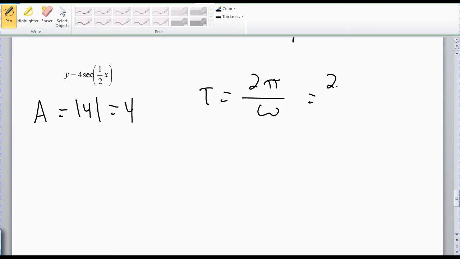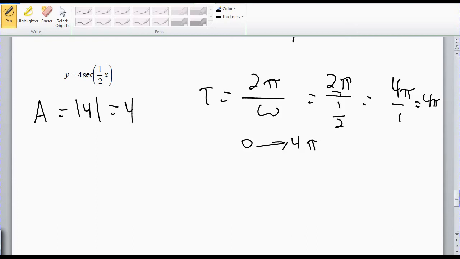So it's going to be 2 pi over 1/2, which is the same as 2 pi times 2, which is 4 pi over 1, which is 4 pi. So that means we're going to go from 0 to 4 pi when we graph this.